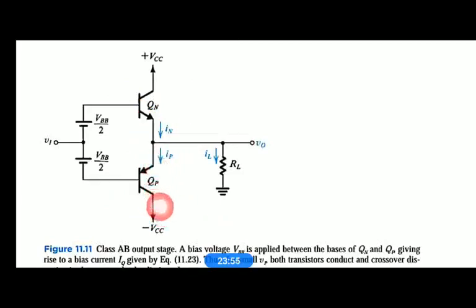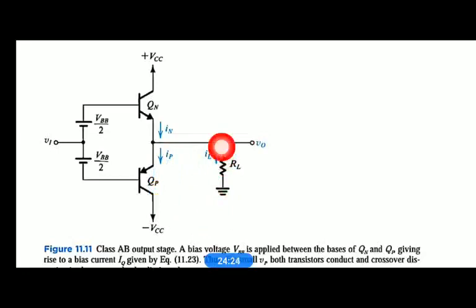Since Ip increases, it causes the load current to increase in the reverse direction, or we can say it increases in the negative direction.